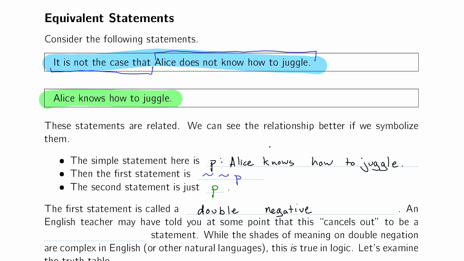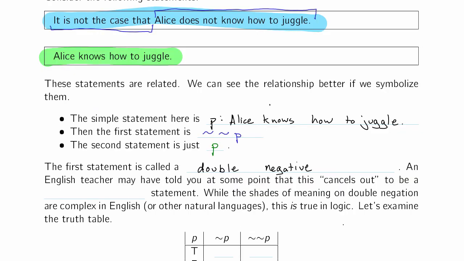Now, English teachers like to tell you that when we have a statement like that, it cancels out to be a positive statement. And when English teachers tell you that, it's a fib, but it's short. Well, certain formal forms of English don't allow for double negation like that.